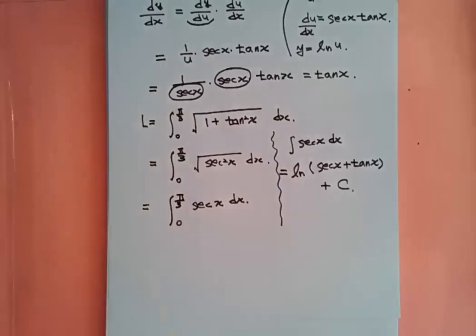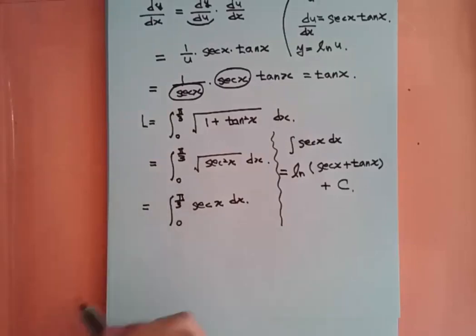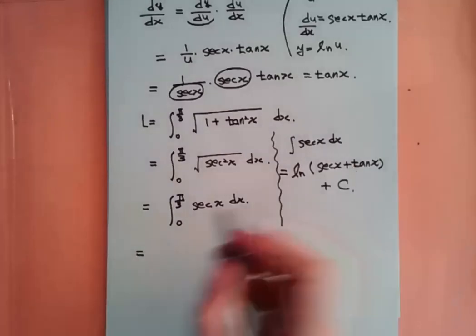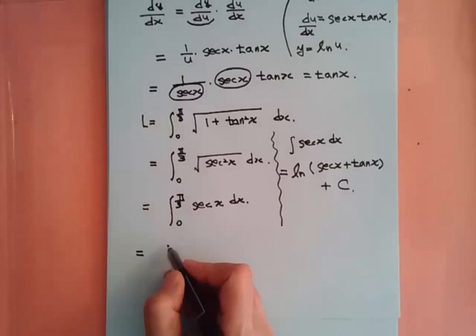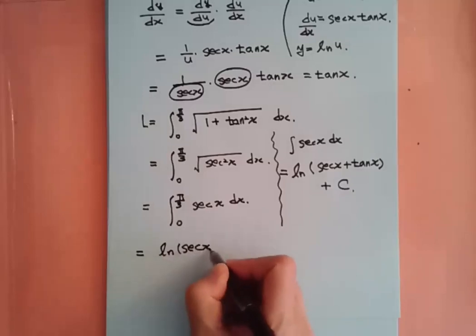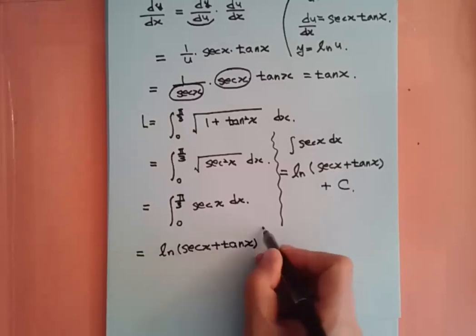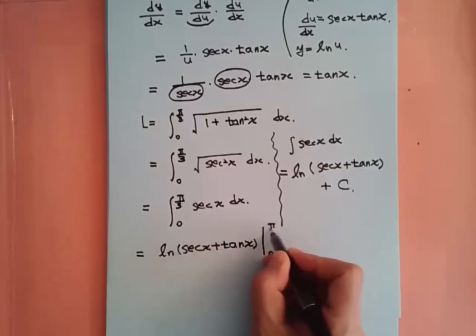I'm sorry, again a mistake. You're copying wrong. So pi over 3. So the integral of secant of x dx. And then what is this? This one becomes natural log of secant of x plus tangent of x from 0 to pi over 3.